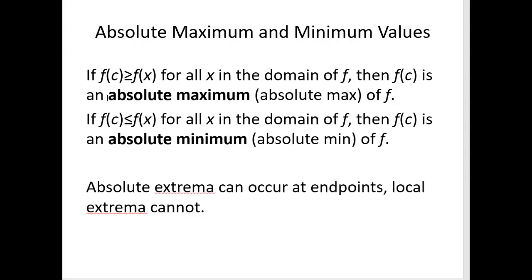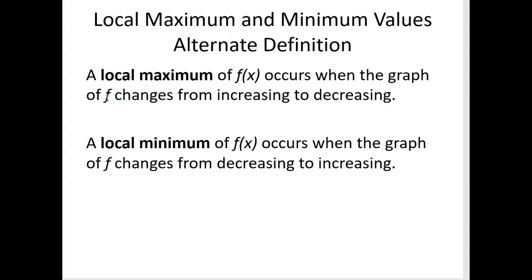So let's talk about absolute maximum and minimum values, okay? Your absolute maximum values are really just kind of like your highest points on your graph, and your absolute minimum is your absolutely lowest point on the graph, okay? And when you have a complicated graph that has lots of ups and downs, sometimes you can also have what we call a local maximum or a local minimum.